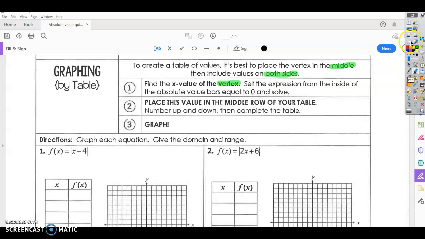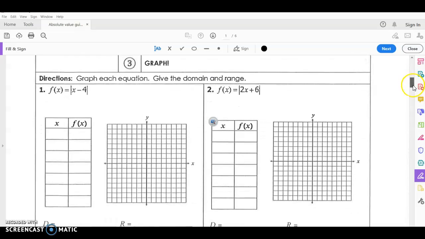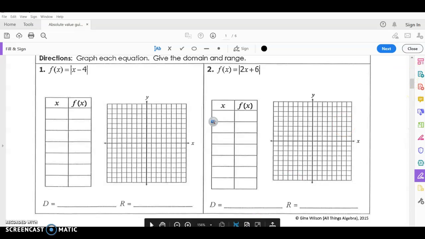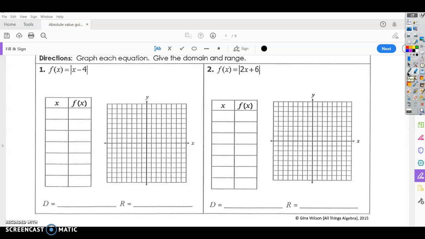All right, so let's look at a couple examples here. So number 4 says f of x equals absolute value of x minus 4. Remember the equation above that I wrote down. So f of x equals, this should be in your notes, a times absolute value of x minus h plus k.